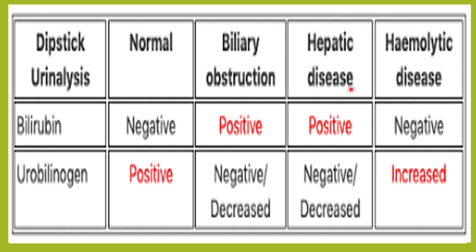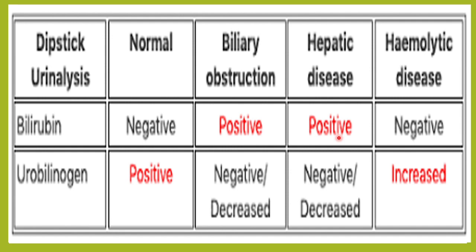So what happens in hepatic disease? In hepatic disease, you might get the bilirubin as positive, because if there is some problem with the liver, it may not be able to completely excrete it into the bile ducts.